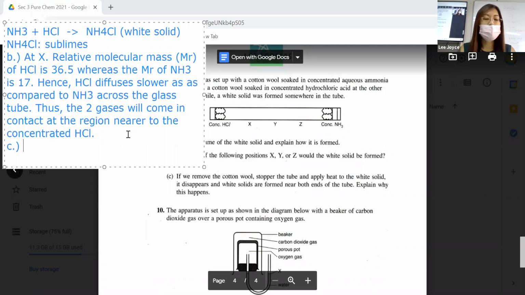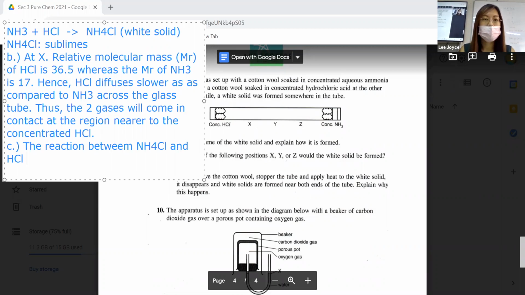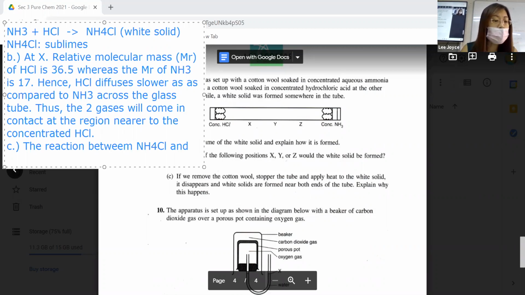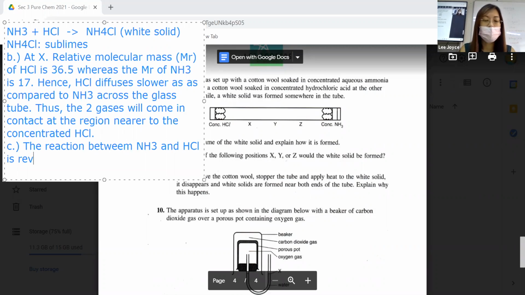Right, so first you're going to say that the reaction between ammonia and HCl is reversible.